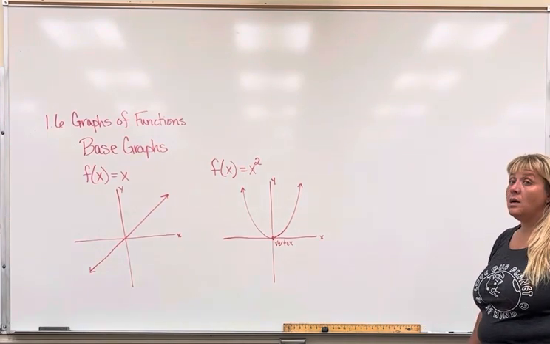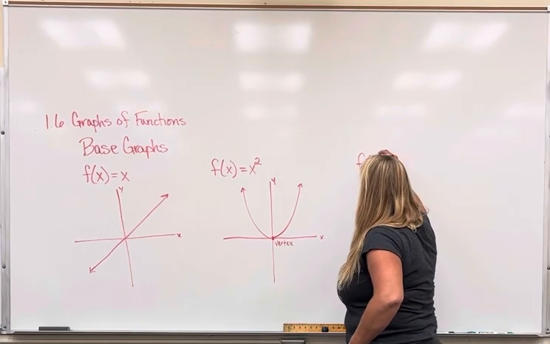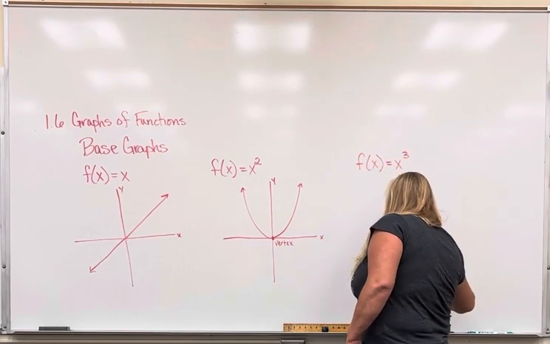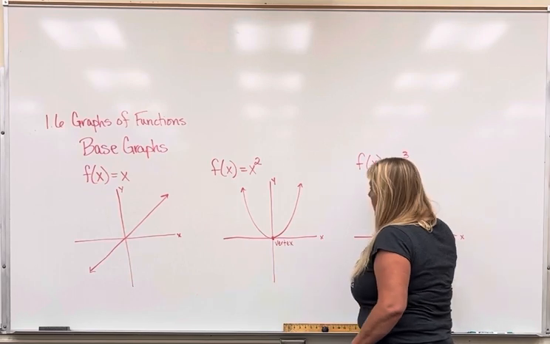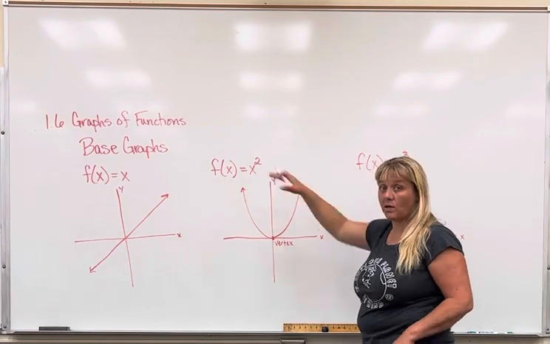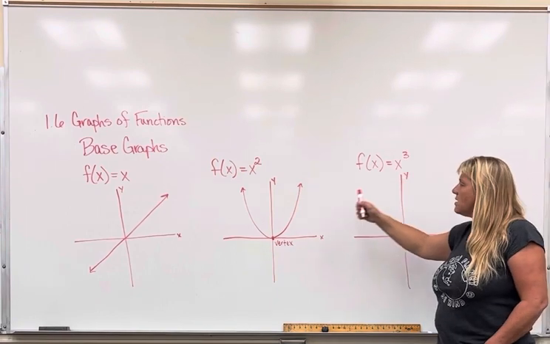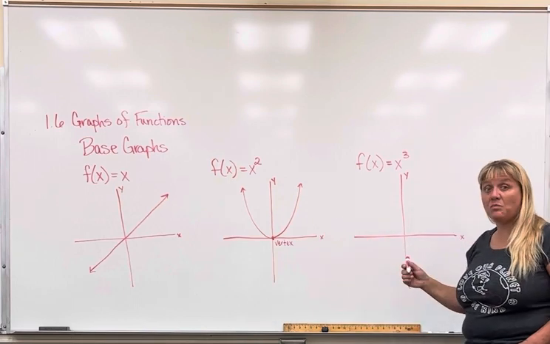Okay, so then the next one that we'll look at would be x cubed. Again, another little sketch going on here. Now, x squared is all positive because when you square things, the answer is positive. X cubed is somewhat similar to x squared, except that it can be negative.